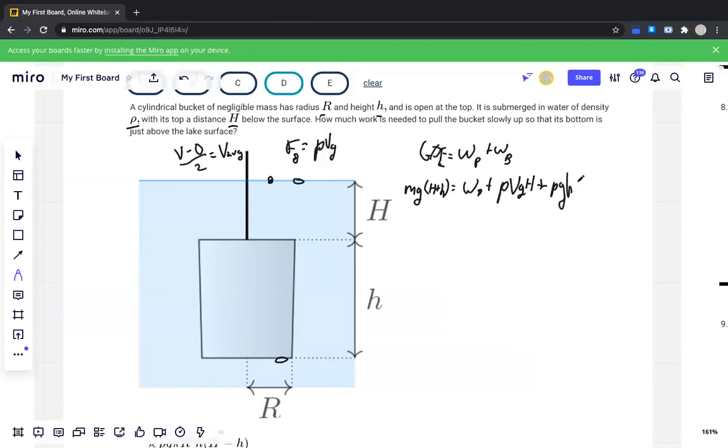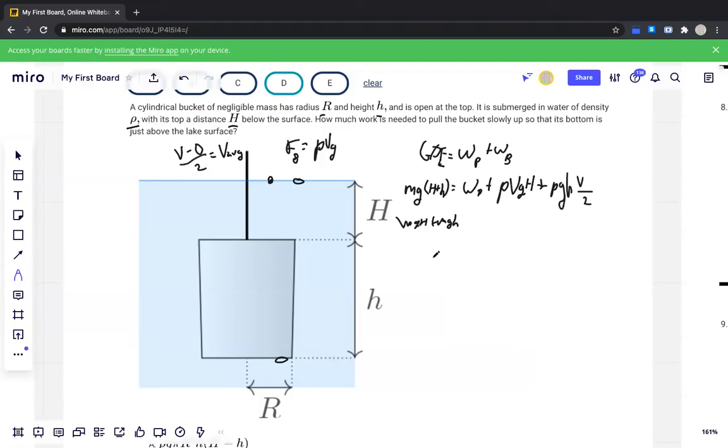So our volume when it's going from the top of the surface to completely out is V over 2. And now we can solve for WP, or the work done by pulling. If we expand the left-hand side, we get mgH plus mg lowercase h.